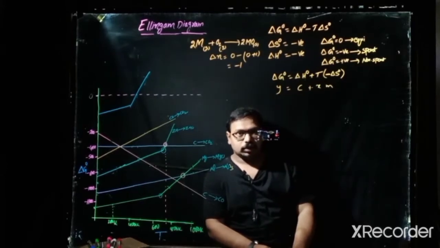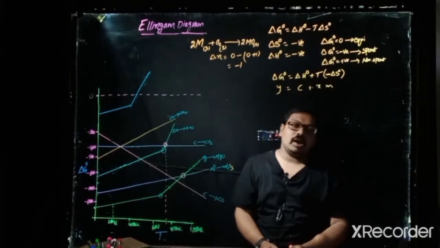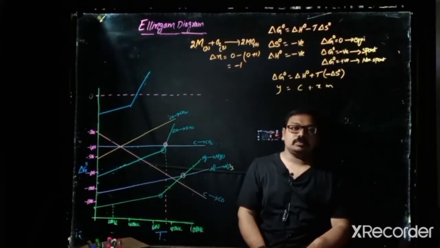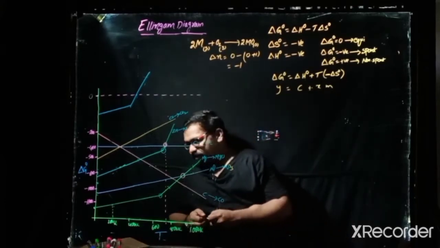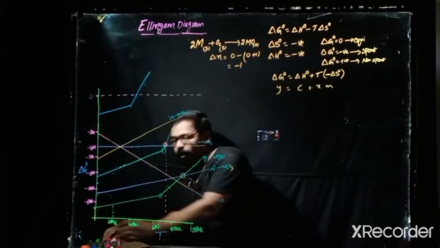Okay, see how we have to find the standard Gibbs free energy for the oxidation of metal at various temperatures. So temperature will be a very important factor.